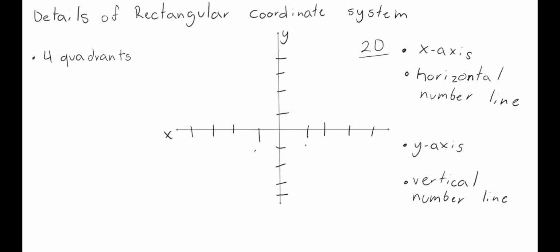When these two form, they create four quadrants: quadrant number 1, quadrant number 2, 3, and 4. Here are some tips that helped me know which is which. For the x-axis, I know it's a horizontal number line, and I pay attention to the x.